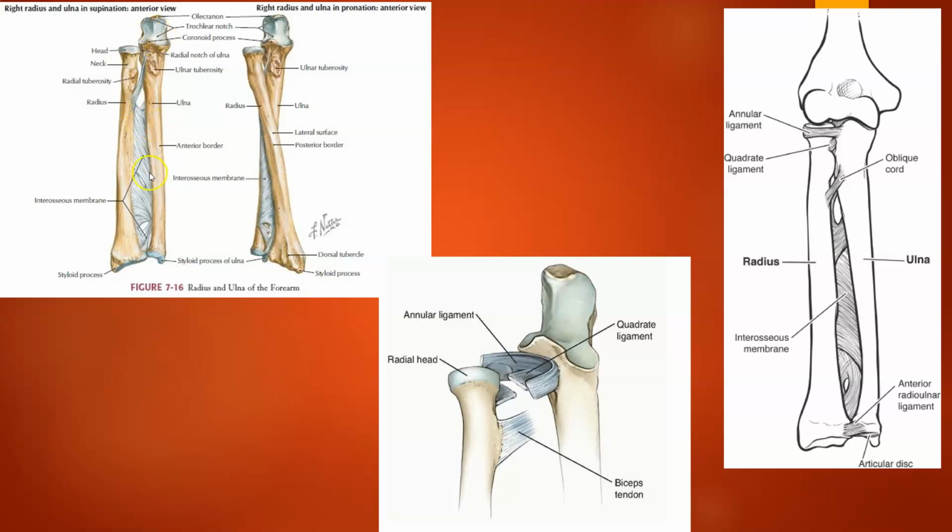So in pronation and supination, it is only the radius that's doing any movement. In pronation, it rolls over the distal head of the ulna to lie anterior to the ulna. In supination, it rolls back over the head of the distal ulna to lie parallel to the ulna.